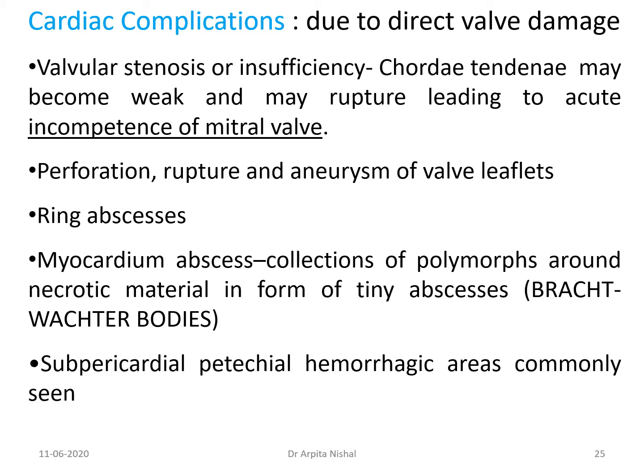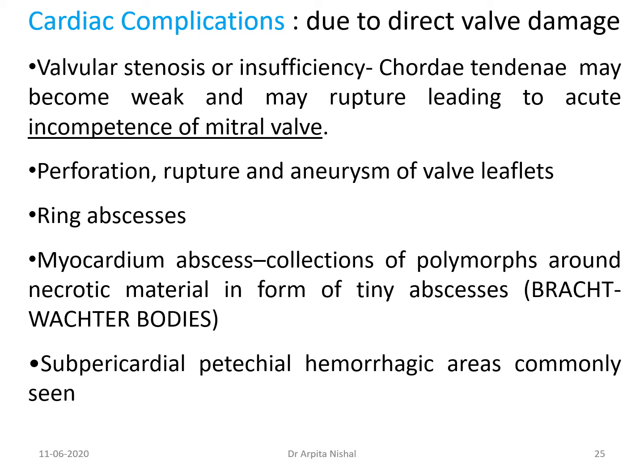Cardiac complications include valvular stenosis or insufficiency. So the mitral and the aortic valve may develop stenosis, or sometimes the chorda tendineae may become weak, rupture and lead to insufficiency or incompetence of mitral valve. Perforation, rupture and aneurysm of valve leaflets may occur.